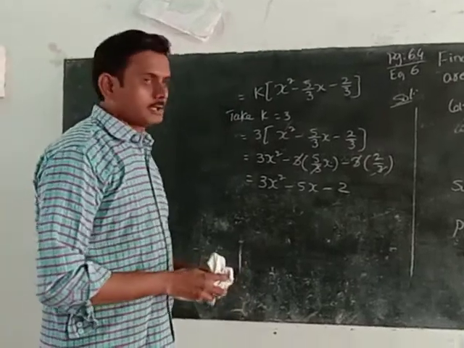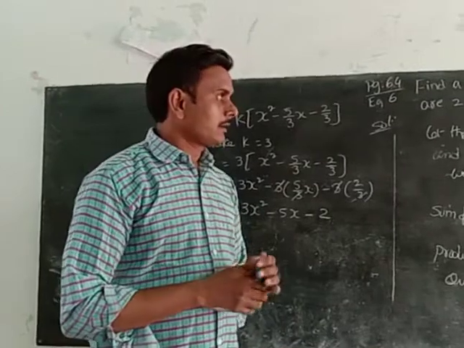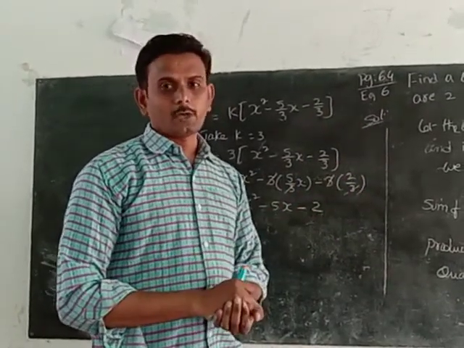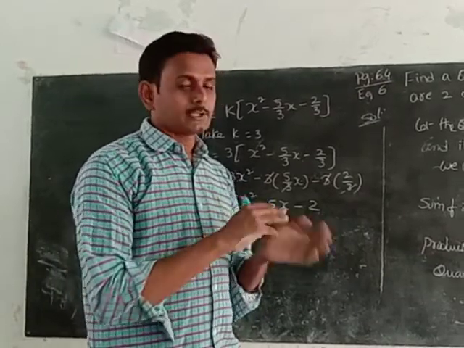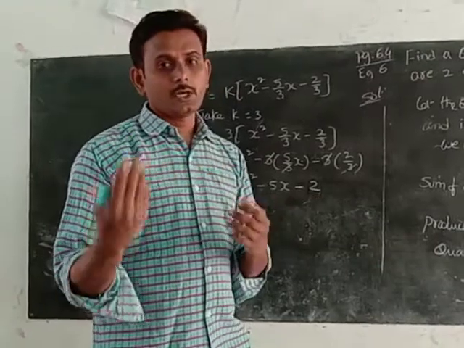Up to now we learned the quadratic polynomial. We can learn the same using the zeros. We can prepare the cubic polynomial also, and we can discuss the relation between the cubic polynomial and its zeros.